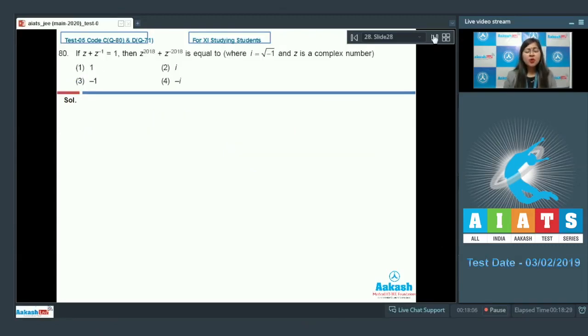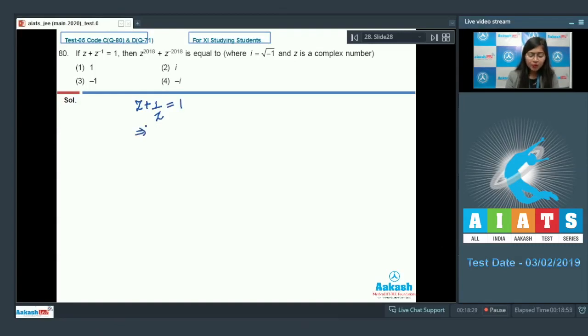Next is question number 80, which says that if z plus z inverse is equal to 1, then z raised to the power 2018 plus z raised to the power minus 2018 is equal to, where iota is equal to root of minus 1 and z is a complex number. So in the question it is given that z plus 1 by z is equal to 1.